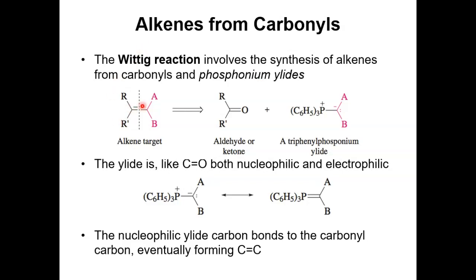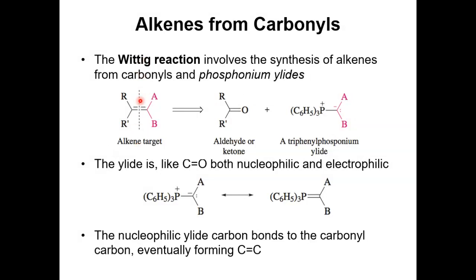Let's say we want an alkene with R prime, A and B, four groups attached to the C=C double bond. We can make this alkene by the reaction of an aldehyde and ylide. So this is one combination.